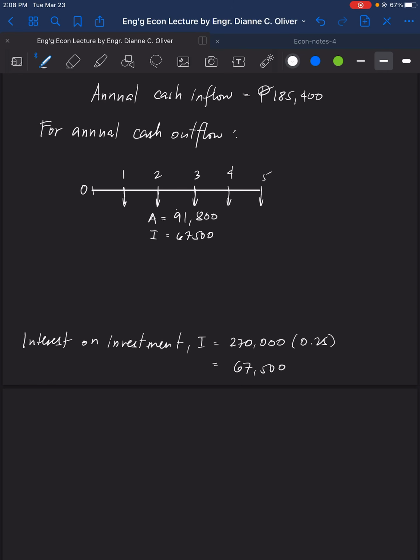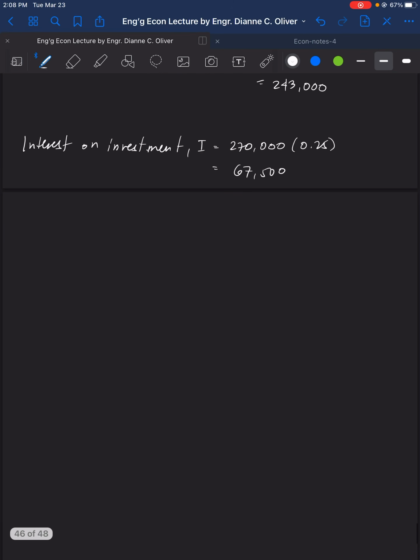Then here, this portion, we have the first cost minus the salvage value. We have 270,000 minus the salvage value of 27,000. So P minus SV is 243,000. From that 243,000, we will compute for the depreciation.